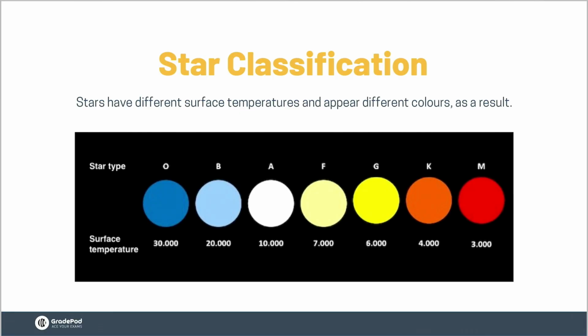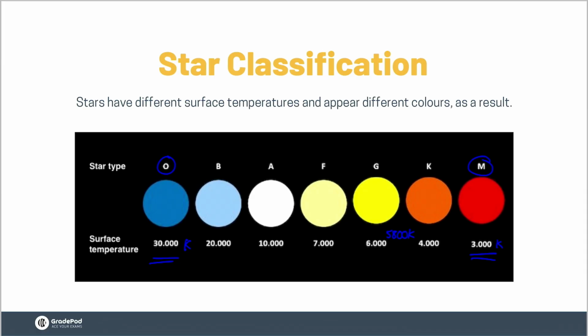classified with a random series of letters. I don't know why they've chosen these letters. The star here, O, has a surface temperature of 30,000 degrees Kelvin and above. So really hot. And a star that's classified as M has a surface temperature that's 3,000 degrees Kelvin or below. So it's really cool. Our sun has a surface temperature of 5,800 Kelvin.